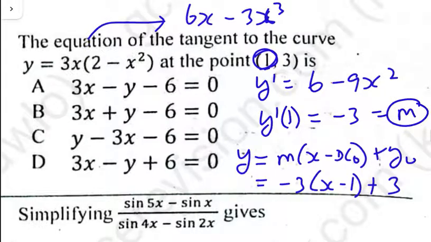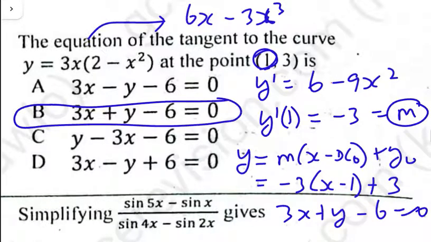And when we simplify all of this, we're going to have 3x plus y minus 6 equals 0. 3x plus y minus 6 equals 0. So our key is B.